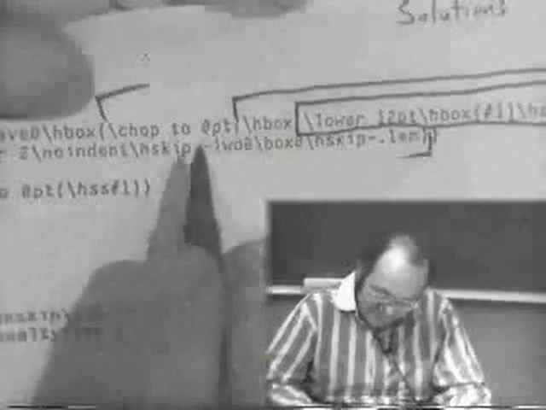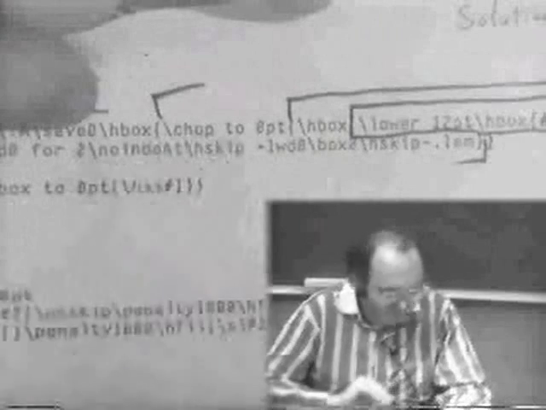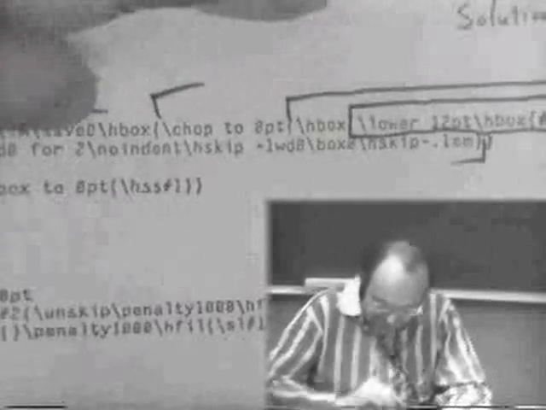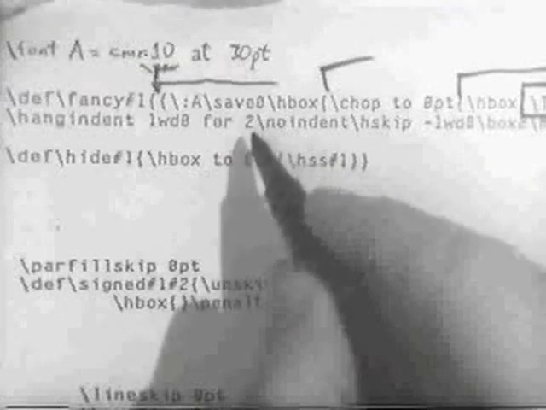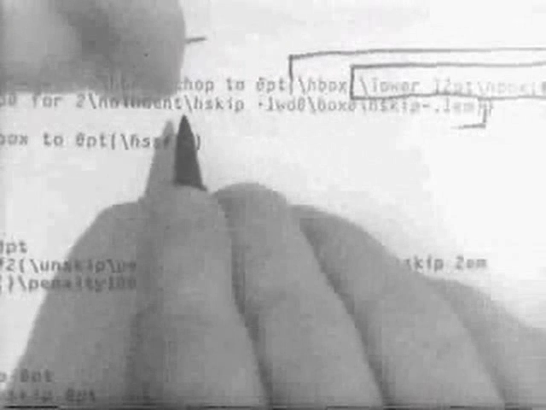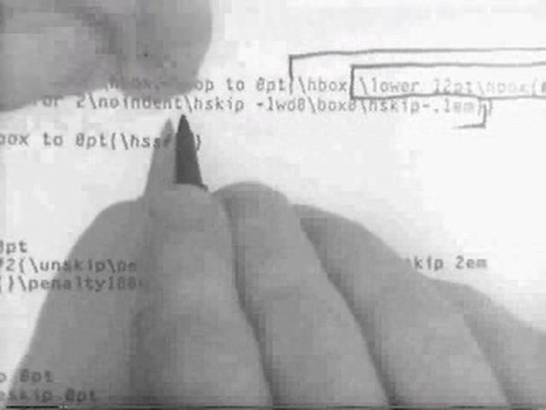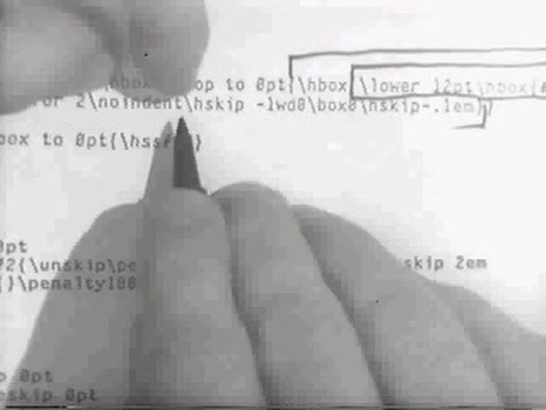Okay. The first thing I did was save a box that contains the letter, like the letter S, let's say, dropped to 12 points, but the depth of this box is 0, and then I have a little extra space at the right. Now what I'm going to do is a hanging indent by the width of this box for 2 lines. So the first 2 lines of the paragraph are going to be indented by the width of the box. And then on the first line, however, I want to put the box, so I say no indent, and that's no extra indentation, because I've already said to do hanging indent on the first 2 lines.